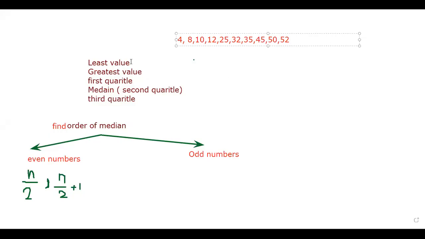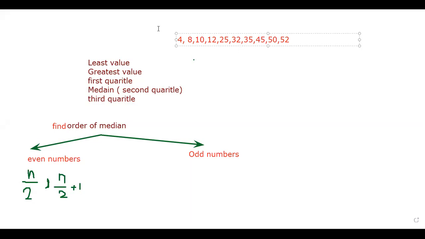The order of median tells where we can find the median. So could you please tell me how we will find it? We said that the number of data is 10. So what is the order of median? Is 10 an odd or even number, grade 7? Even. So we can say 10 divided by 2.